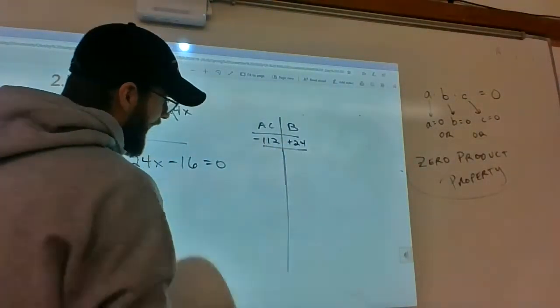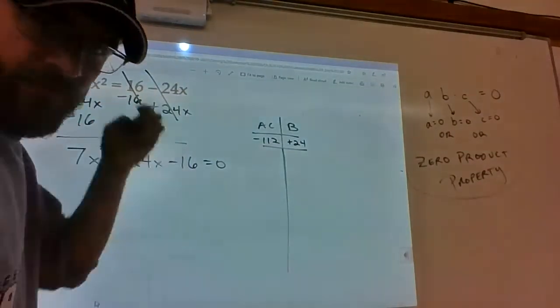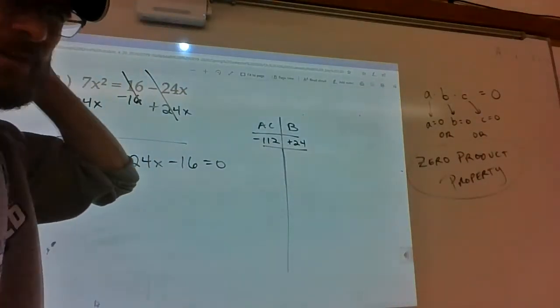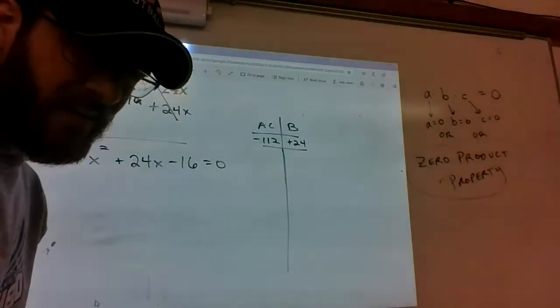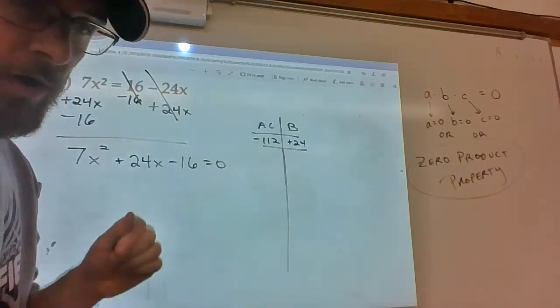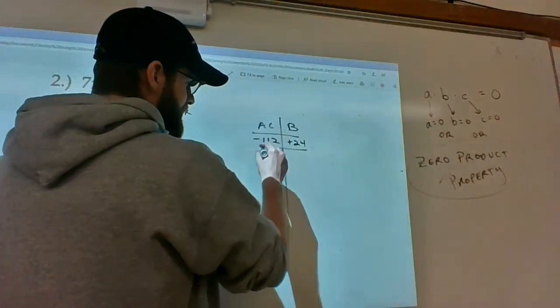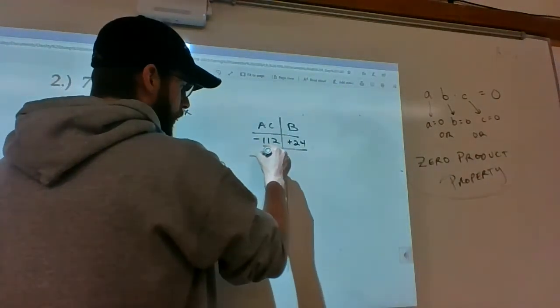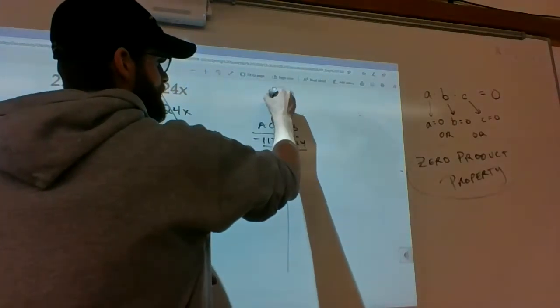I don't know this off the top of my head. I know it's not going to be 1 and negative 112, and it's probably not 2 and 56. Does it divide 3? No. Does it divide 4? Oh, I think it's 4. Okay, I think it's negative 4. Is it 28? Does that work? 28 times 4.